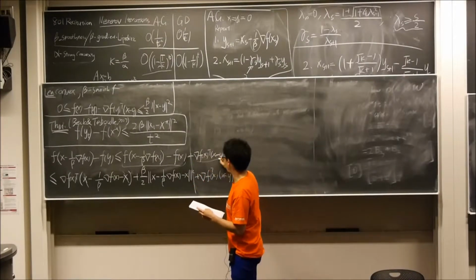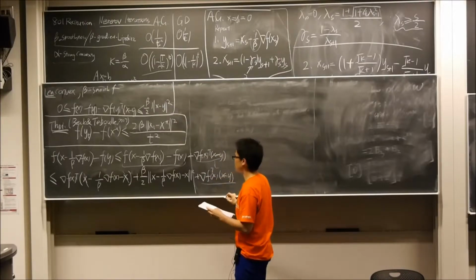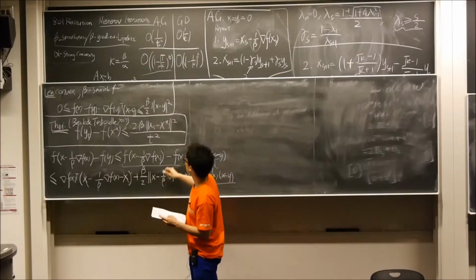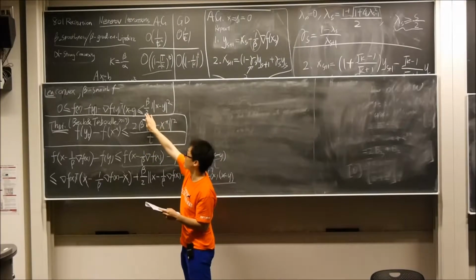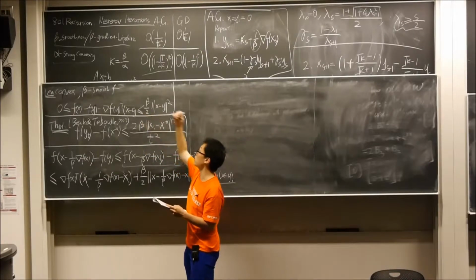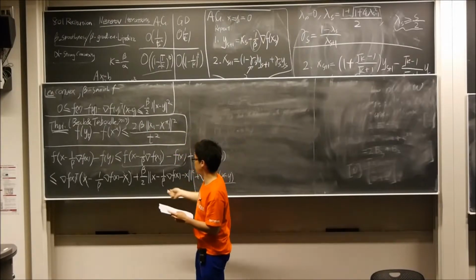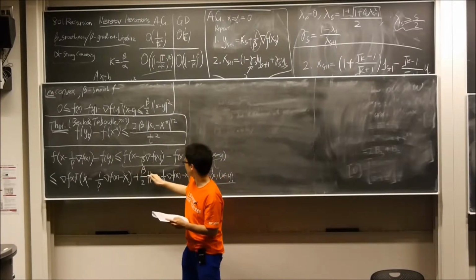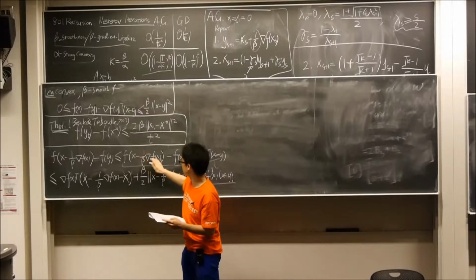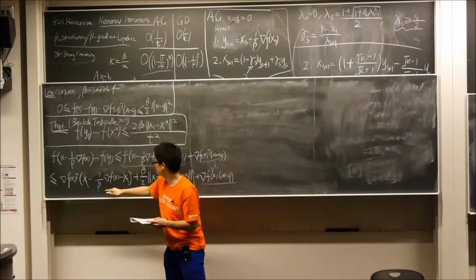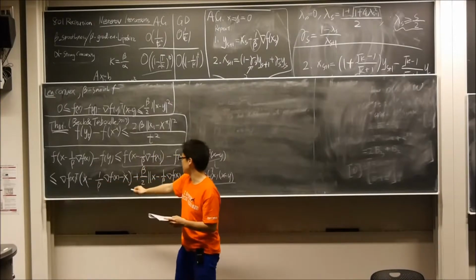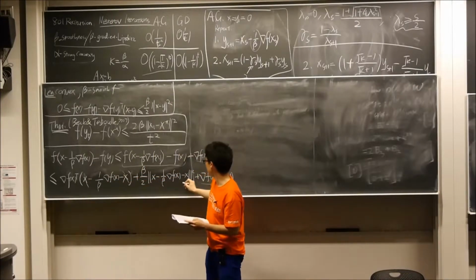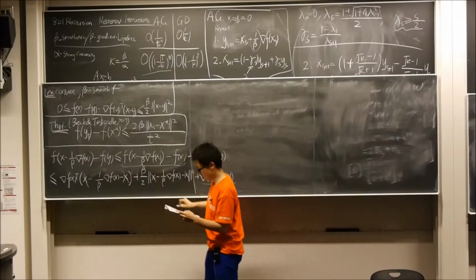So this term simply carries down here, and we apply the right-hand side of this lemma. By definition of the beta smoothness, we can take the difference between these two and take the inner product of the gradient and the difference, and the x canceled out. And again, here the x canceled out.